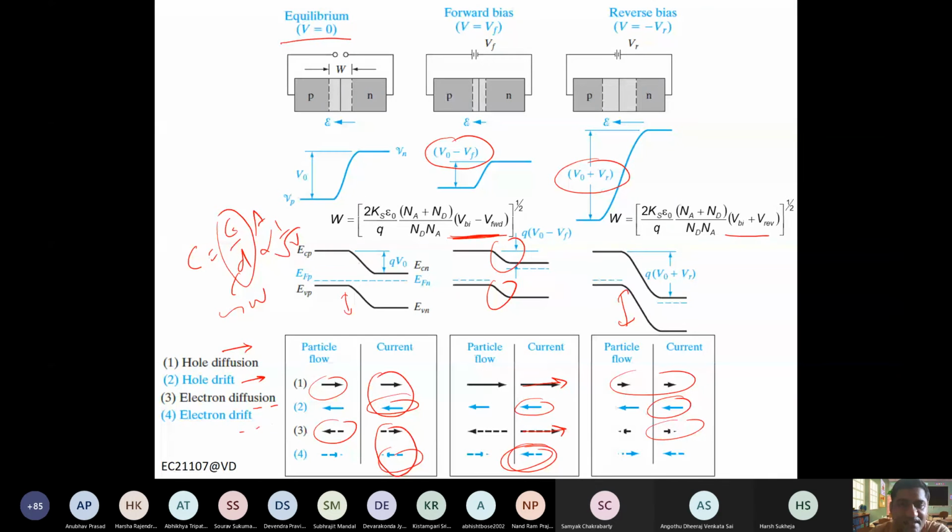So you have basically the same current as the zero bias current, but in zero bias or equilibrium, they were cancelling each other, right? Now by applying a reverse bias, we have reduced the diffusion current, right? So only the drift current is there.